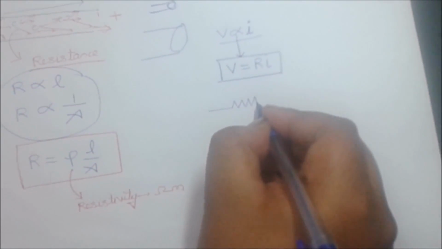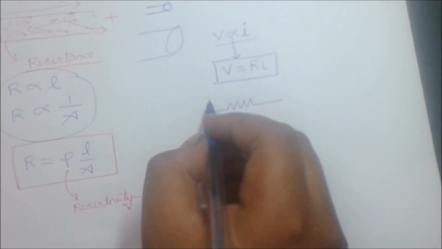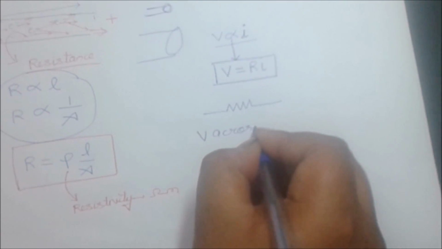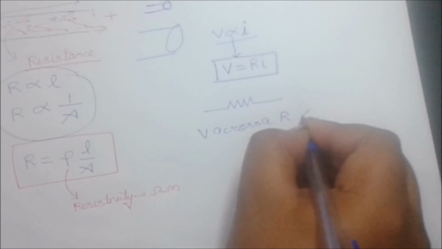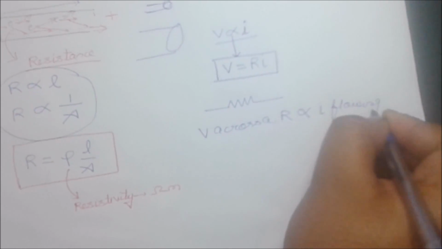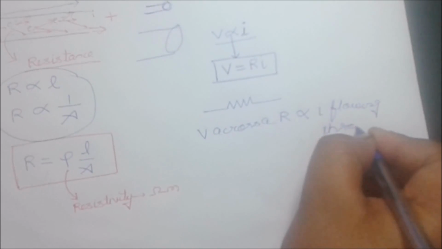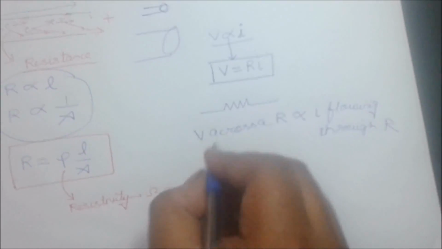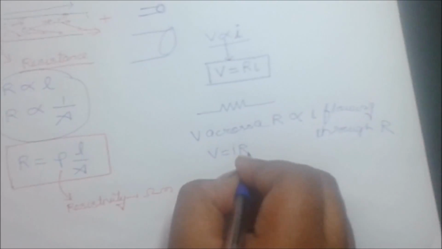This is the symbol of a resistance. In simple words, Ohm's law states that voltage across a resistor is directly proportional to current flowing through the resistor, which leads to V equal to IR.